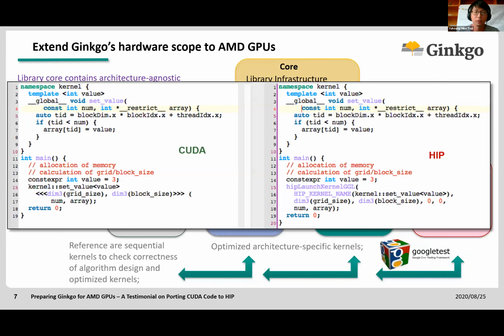So going back to here. CUDA and HIP are GPU programming models with a similar idea to SIMD. We can compare the CUDA language and HIP language.